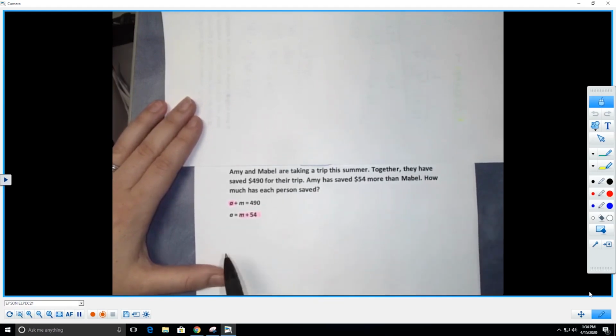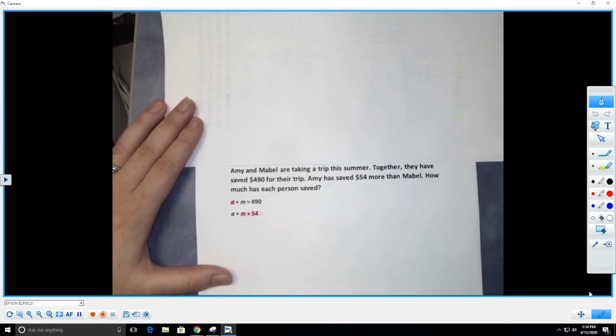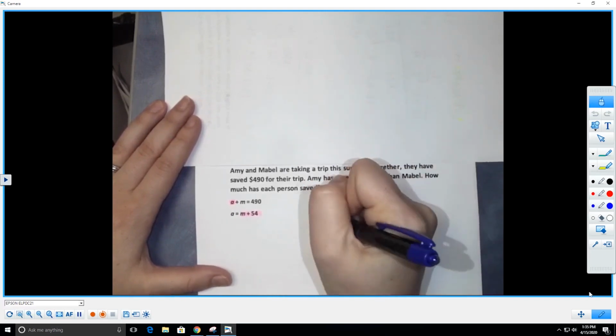In other words, you're looking for an equation to have one of my variables set equal to something. If you don't see that that's possible, then you can rewrite the equation so that it does have a variable set equal to something. So I'm going to plug this in for a.